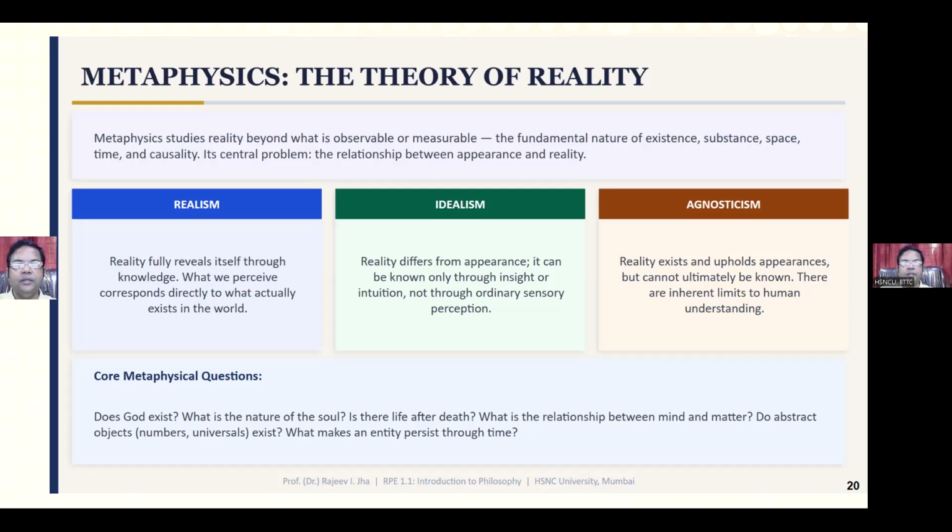In Hindi literature and poetry, the Bhakti movement, Kabir, Mirabai, Surdas, Tulsidas, is deeply metaphysical. Kabir's dohas consistently interrogate the relationship between the visible world and the invisible ground.